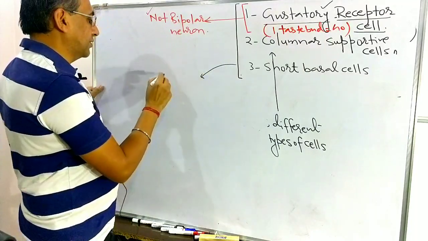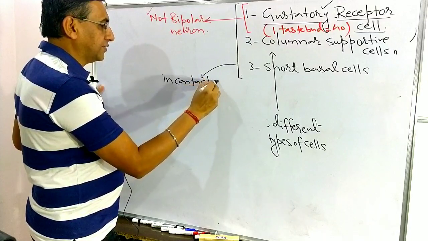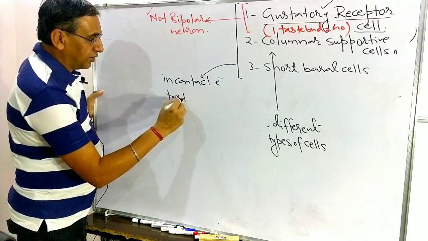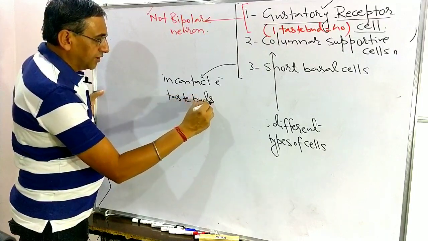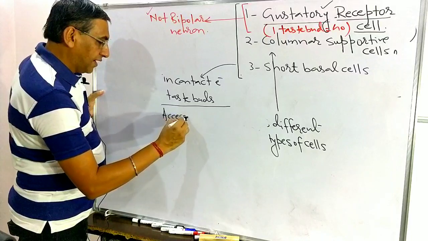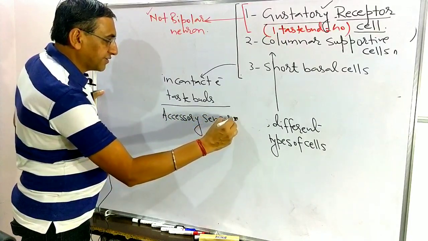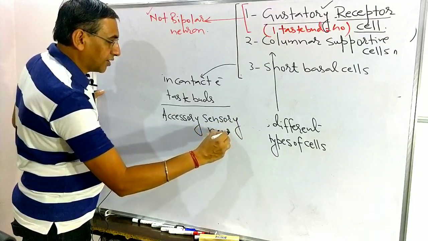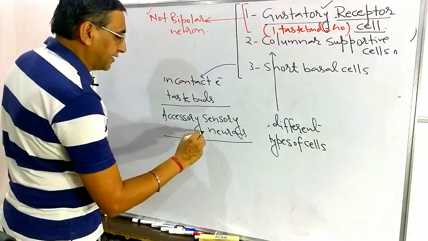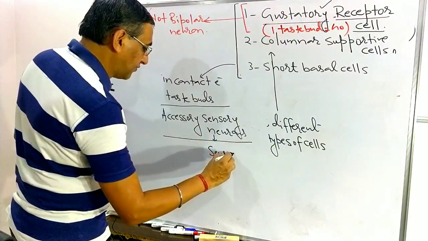So you have to remember, in contact with taste buds, accessory sensory neurons are present. These accessory sensory neurons are collecting the sense of taste.